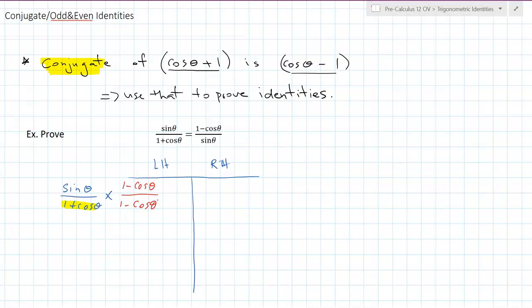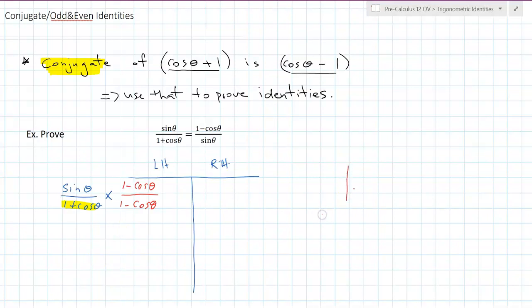In essence, you are not multiplying sine theta over 1 plus cos theta by anything except 1. Because you're multiplying by 1, you're not changing the value of that identity, and you're allowed to do that. But this will help you get to the point where the left hand side will be pretty much equal to the right hand side, hopefully.